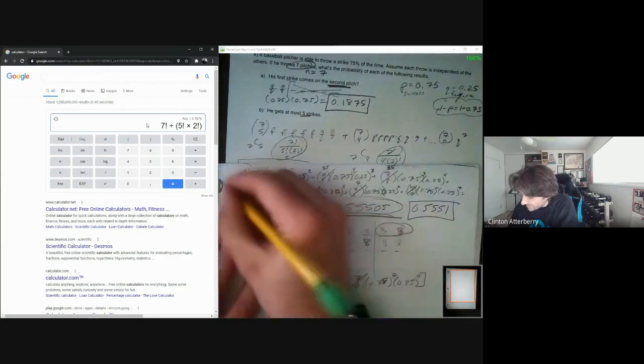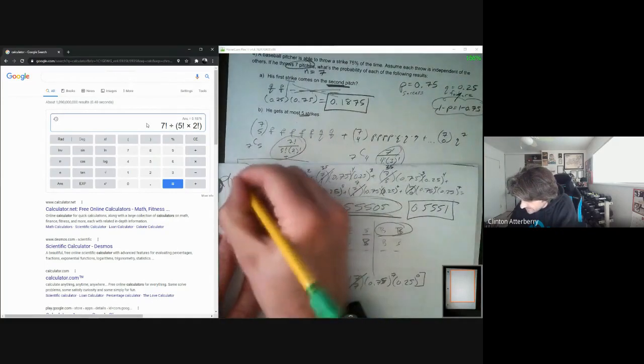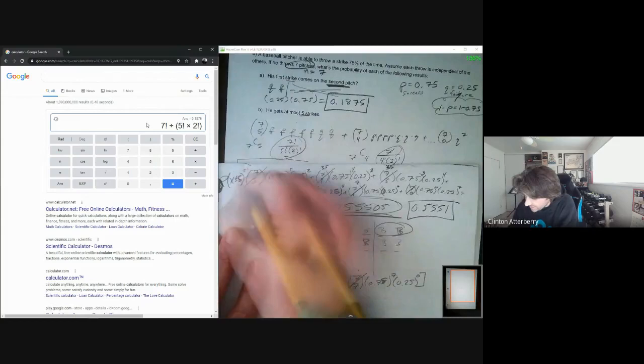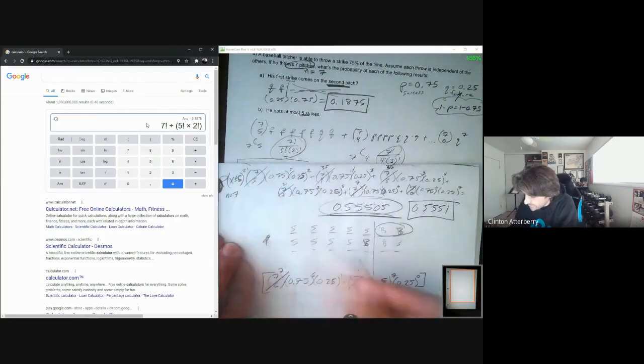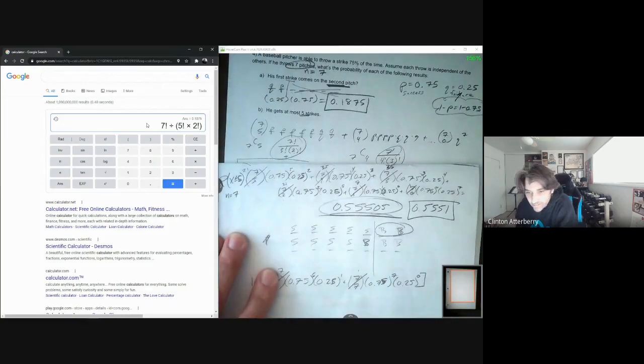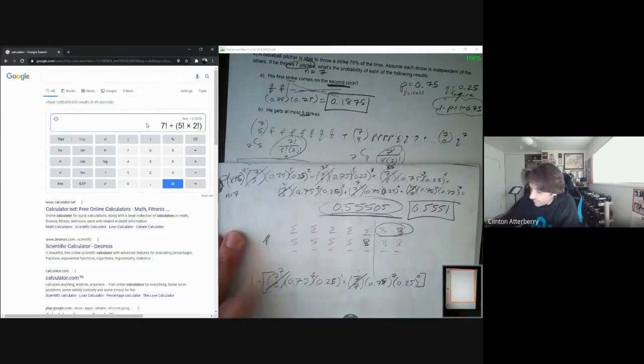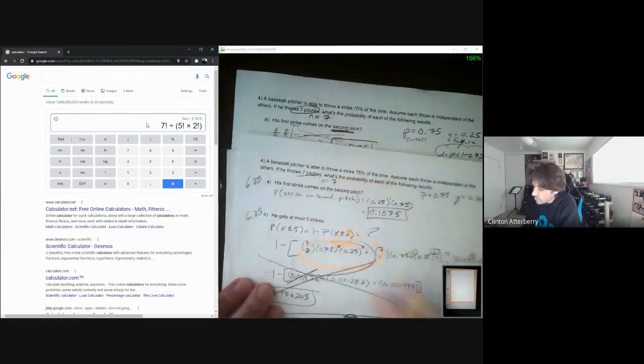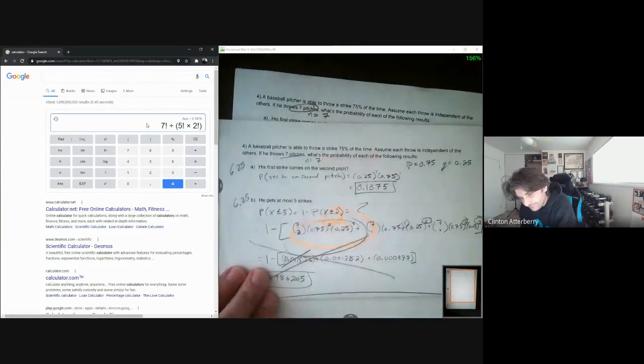This would be the probability of X being less than or equal to 5, okay, where your n equals 7. You do 7 choose 5, 7 choose 4, 7 choose 3, all the way down the list, okay?